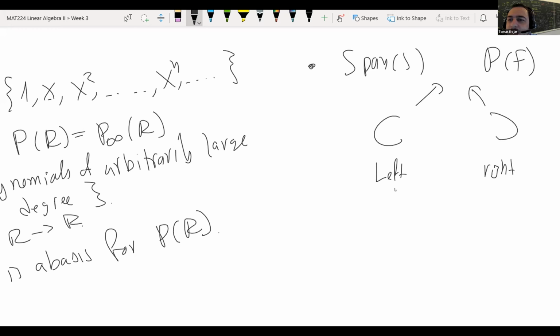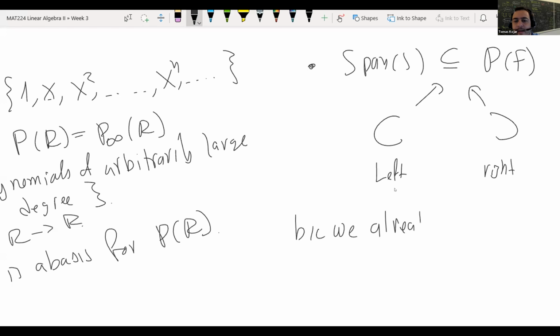Yeah, left. Anybody else? Yeah, so it's the left one because we already have the two things.